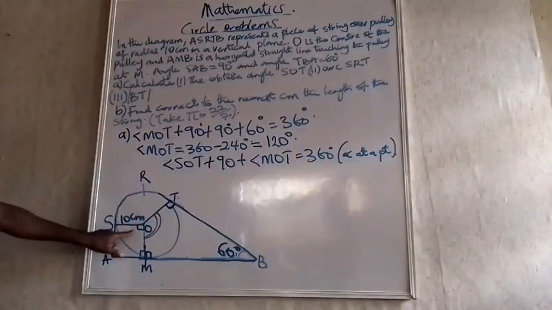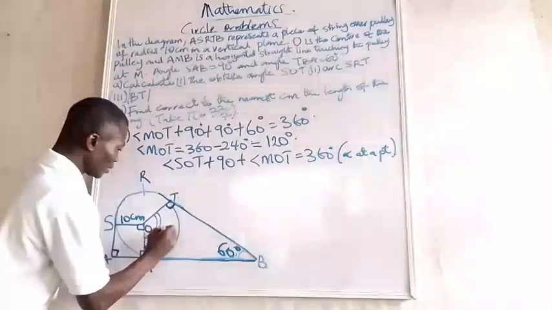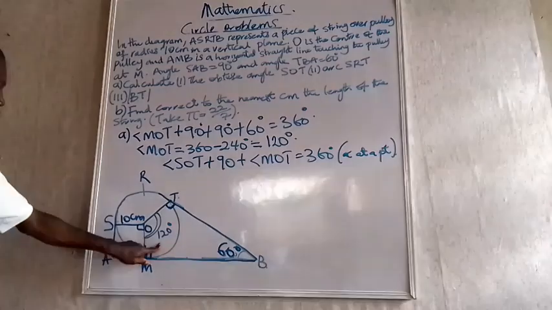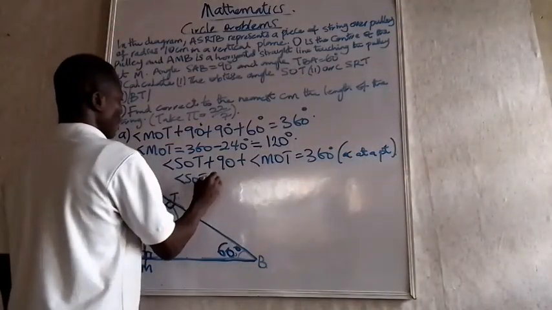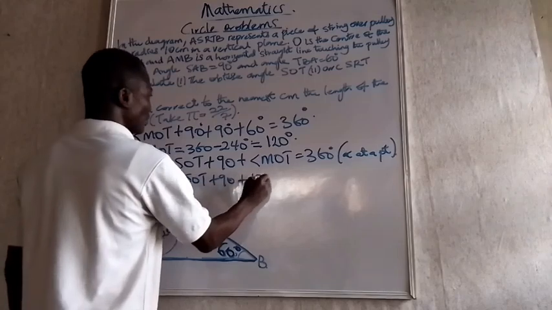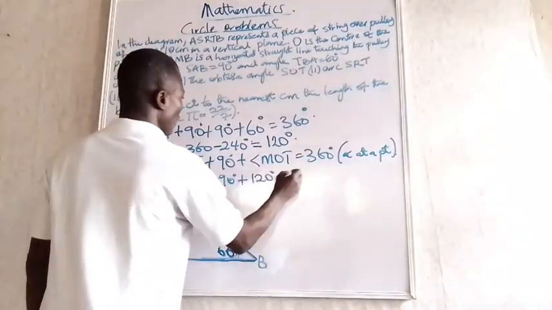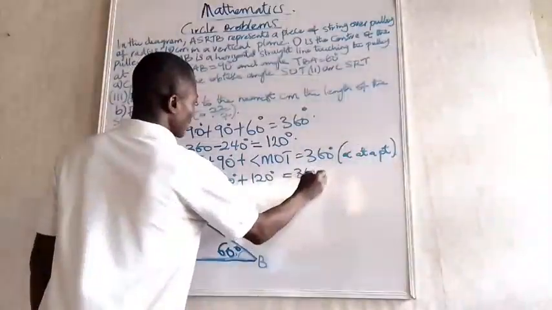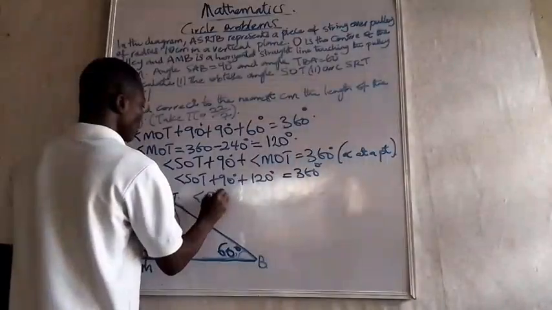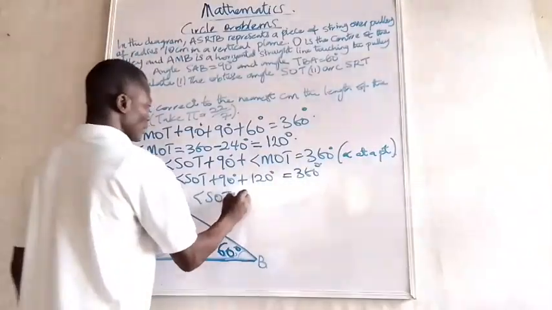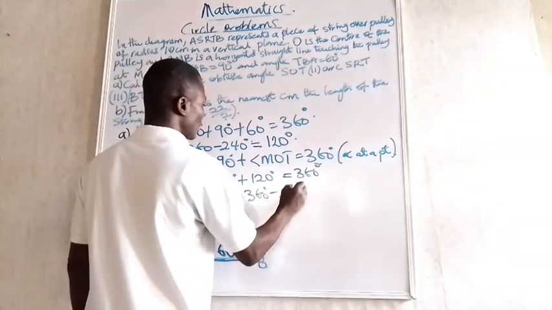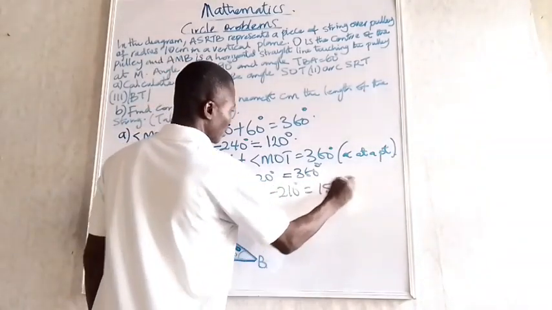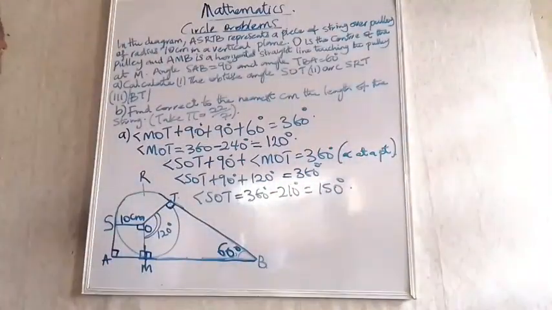This one, we have gotten to be 120 degrees. So SOT plus 90 degrees plus 120 degrees gives us 210. So angle SOT is equal to 360 degrees minus 210 degrees. That is 150. So you can see how easy it is to handle that one.